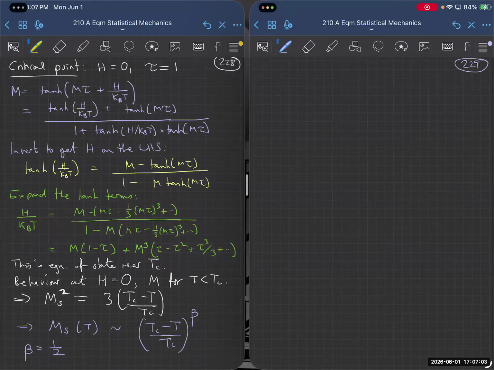So what I really want to do is work out other critical exponents. Okay, so this quantity is called a critical exponent.